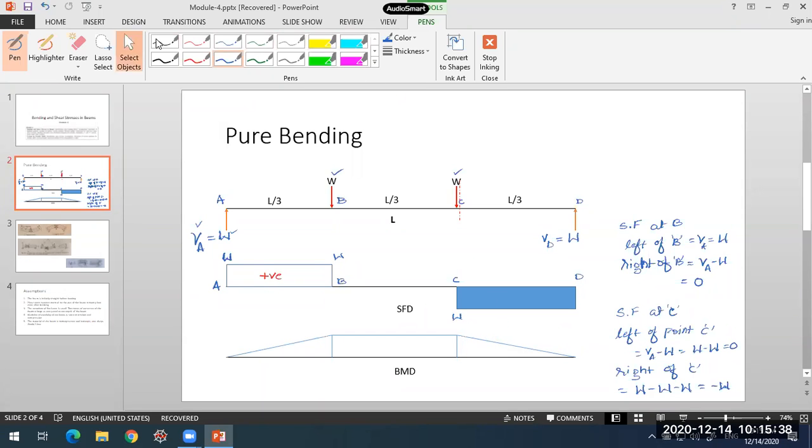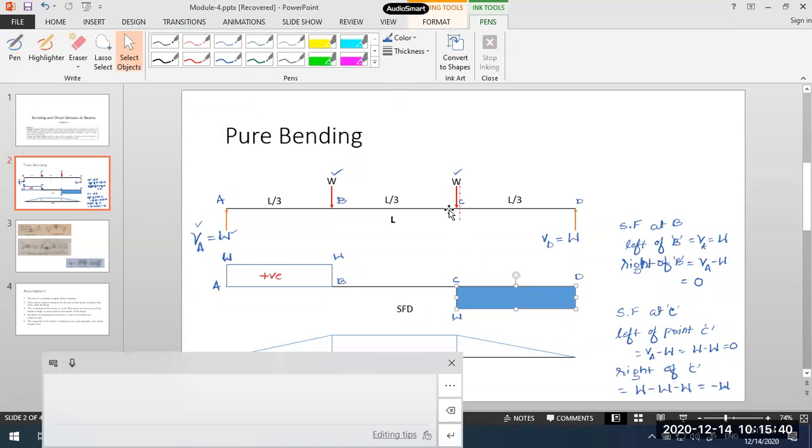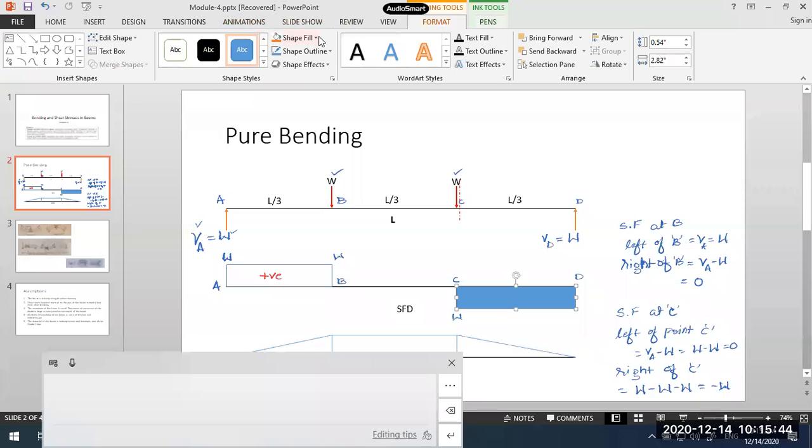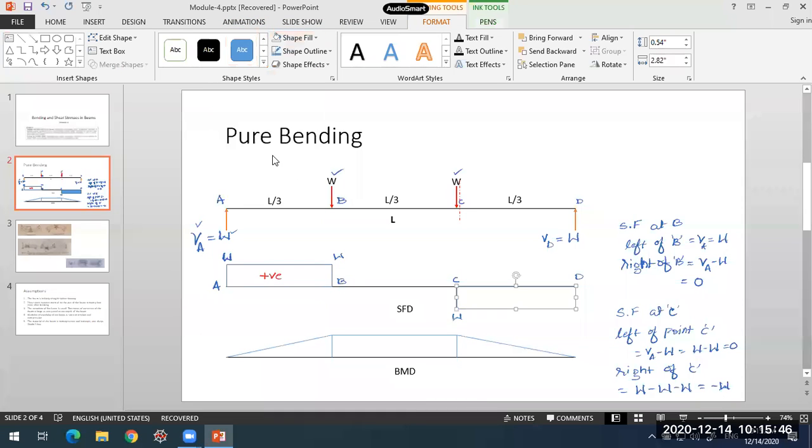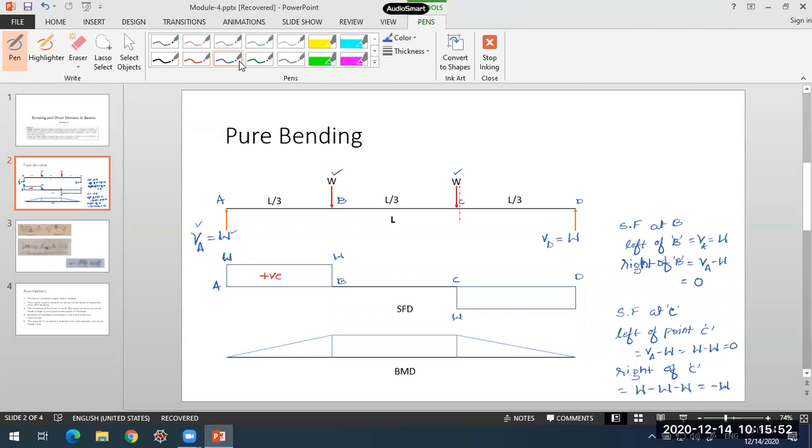Now between C and D, the shear force will remain constant with a value equal to minus W. The value is the same and it will remain unchanged till you cross point D. Till you take your section to the right of D, this will remain minus W itself.